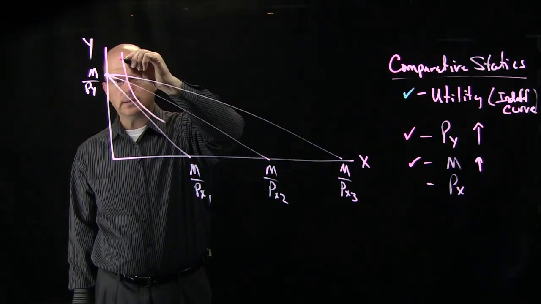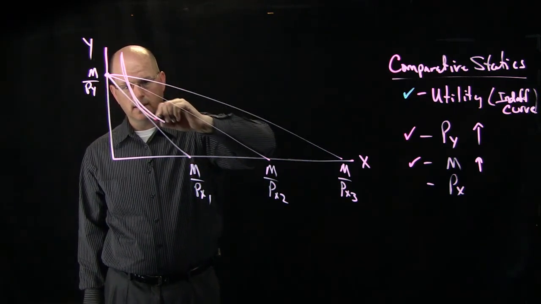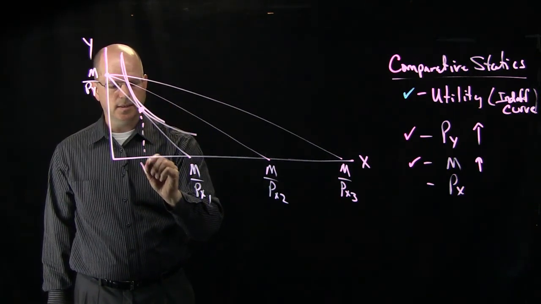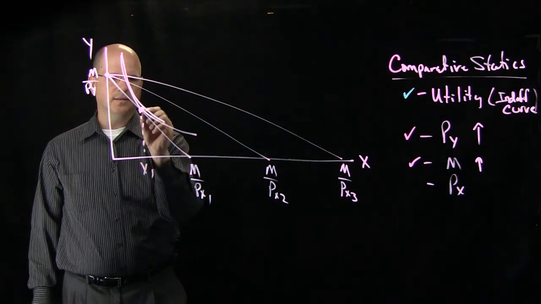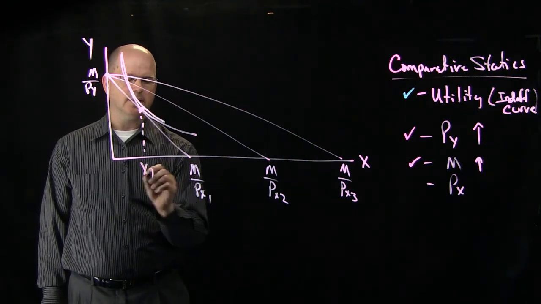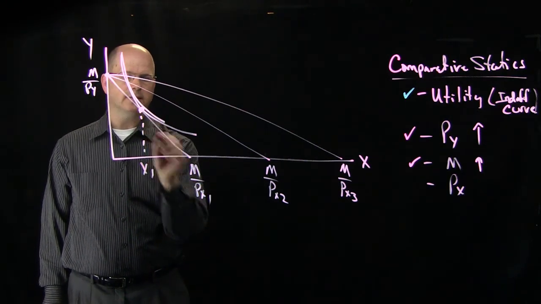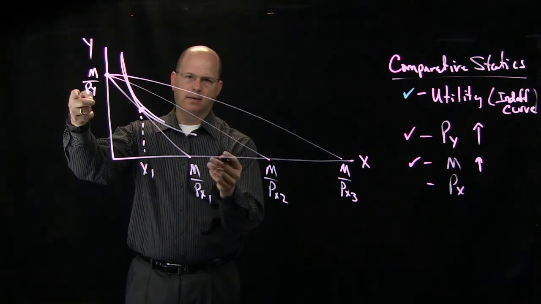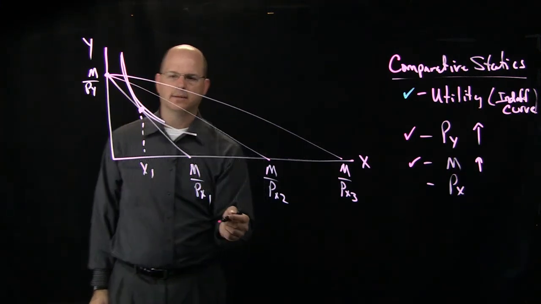So, missed it. So here, this is X1. This is the optimal amount of good X that they buy when the price of X is PX1 and they have income here and the price of Y is that. Okay?